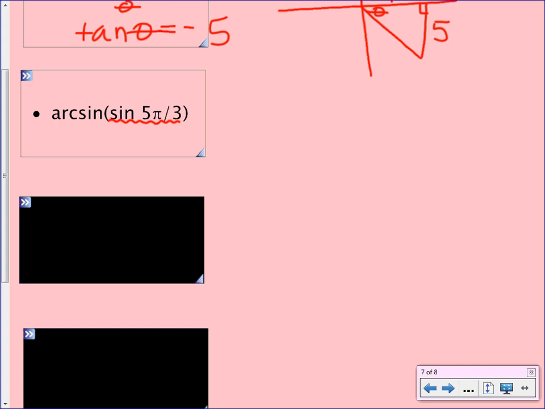I'm going to rewrite this as the arc sine of negative radical 3 over 2. I evaluated my inside. Now we can work with the inverse sine of negative radical 3 over 2. What angle is that?